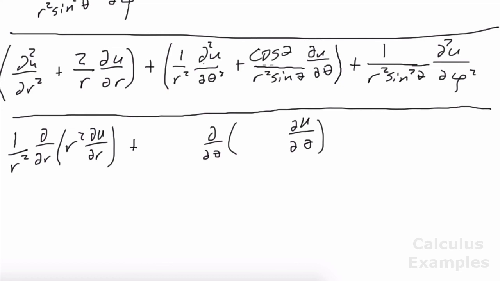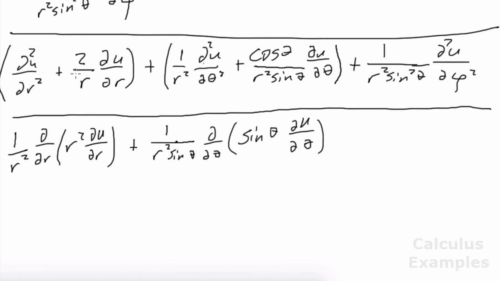So if we look, we see that there is a cosine here, so derivative of sine would give us that cosine. So let's try that first. So derivative of sine of theta will give us the cosine. But we don't have a sine here. So we're going to have to divide that sine out. And we do have an r squared in both, so let's factor that out.